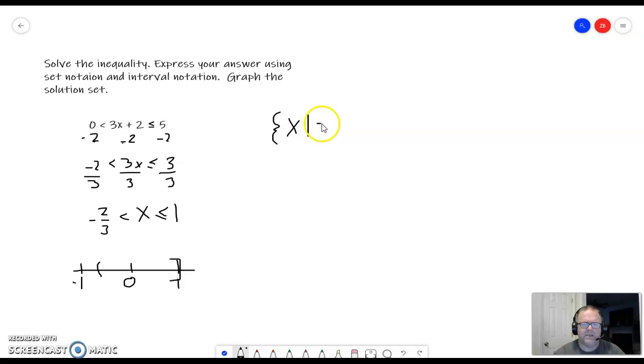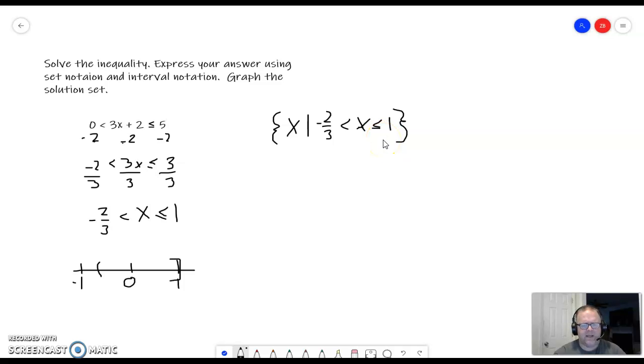So x such that negative 2/3 is less than x, which is less than or equal to 1. And then we close that up like this. This here is set notation. It reads as: x such that x is greater than negative 2/3 and less than or equal to 1.